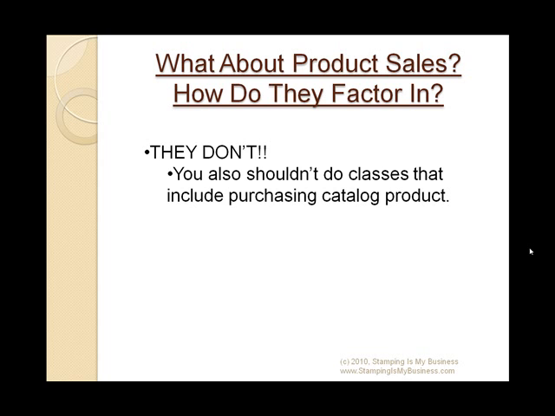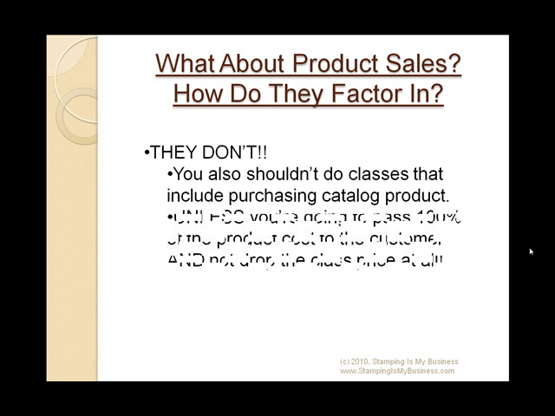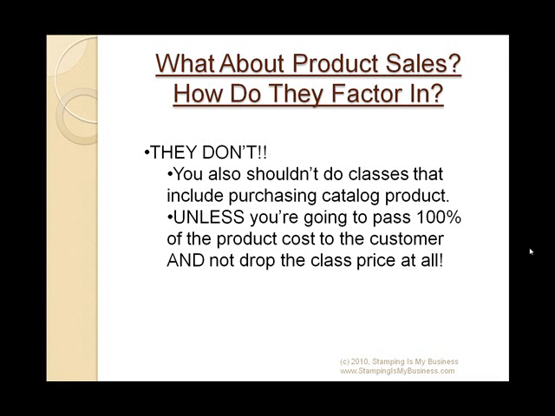You also shouldn't be doing classes that include purchasing catalog product, because here's what happens. You add the catalog product to the class, and then what you end up doing is dropping your class fee, what you would normally charge. So the only time you can do a class that includes the purchase of catalog product is if you're going to pass 100% of the product cost to the customer, and you're not going to drop the class price at all.